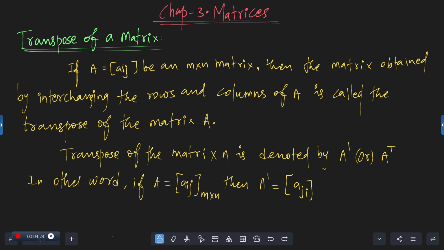Here j comes first and i goes next. That is interchanged, even the order is interchanged, meaning n by m you will get.